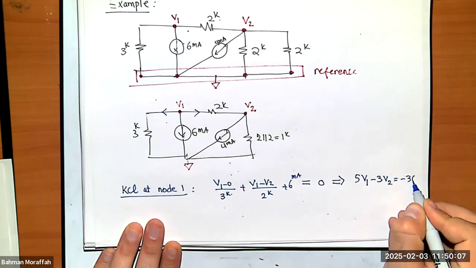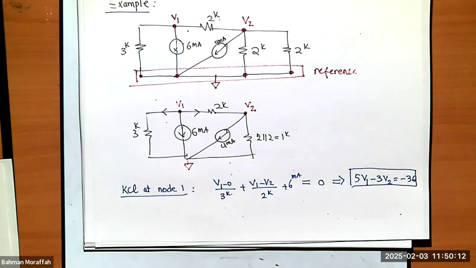That should be minus 36. Right? It's just a simplification. It's not a big deal, right? Just look at the common denominator. It's 6. So that would be 2 times V1 plus 3 times V1 minus 3 times V2. Take this one this side, multiply it by 6, and that's what you get. Right?